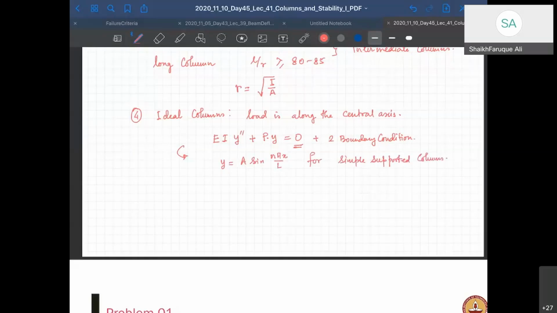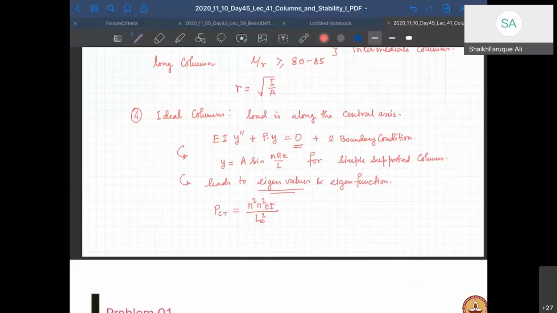And this leads to eigenvalues and eigenvectors, or we don't write vectors, eigenfunctions, because you get a sine function here, you don't get a vector, right? And eigenvalues give us the critical load for buckling, PCR, which is n square pi square EI by LE square, right?